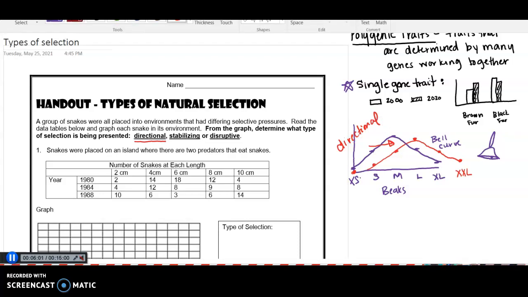Sometimes though, so what that means is that let's say that there was just a ton of rainfall and plants with really small seeds, they just didn't do very well. And so a lot of the seeds that were available to be eaten, they were large. Well, an extra small beaked bird, they're not going to be eating extra large seeds.